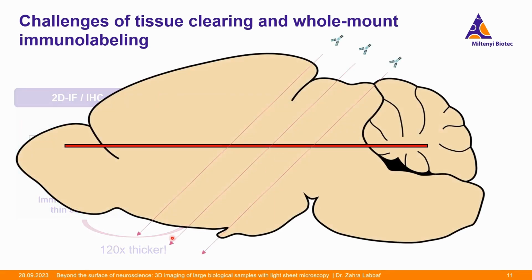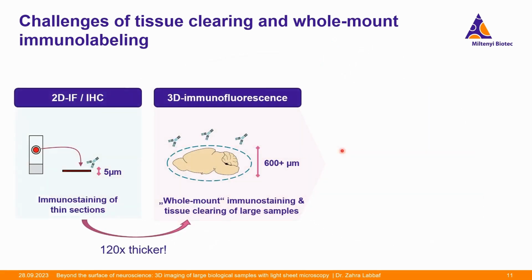Therefore, 3D immunostaining of large samples, such as a mouse brain, in comparison to a thin slice or a thin section, is challenging, and that is due to antibody penetration and the difficulty of achieving a homogeneous staining throughout the entire sample. In addition to this, for imaging deep within the tissue and to acquire 3D data, we need to reduce the sample opacity by tissue clearing.